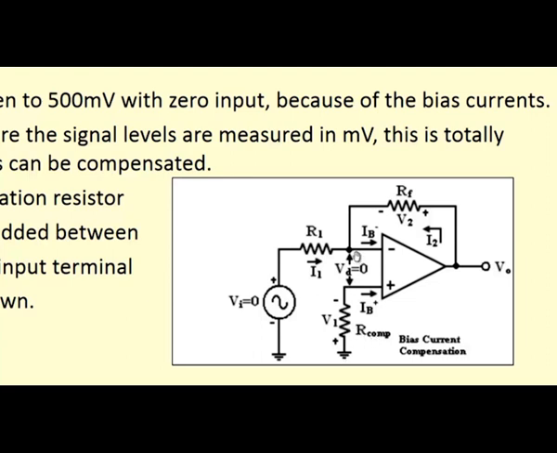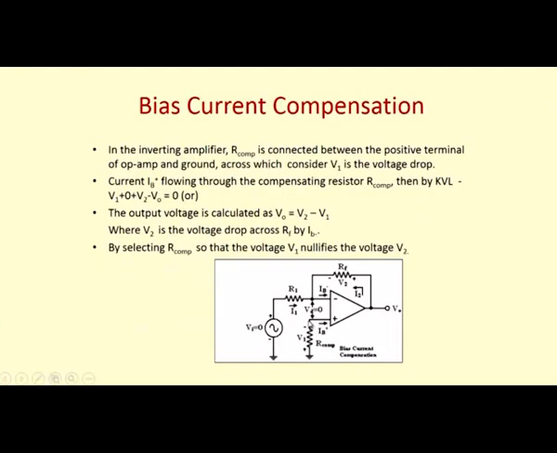Now, according to the assumptions we have already made, VD must be equal to 0 since the open loop voltage gain is infinite. So, we apply KVL in this loop from the ground to the output terminal, and we get this equation. This is V1.